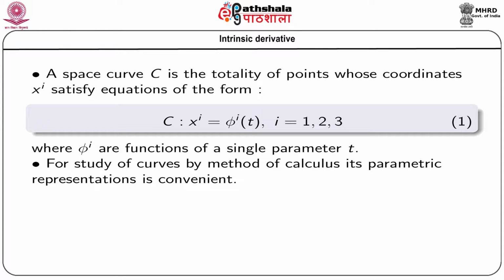For the study of curves by the method of calculus, its parametric representation is convenient, because as t is a parameter, we can differentiate with respect to t in various ways. So, to study the geometry of the curve, its parametric representation is very important.